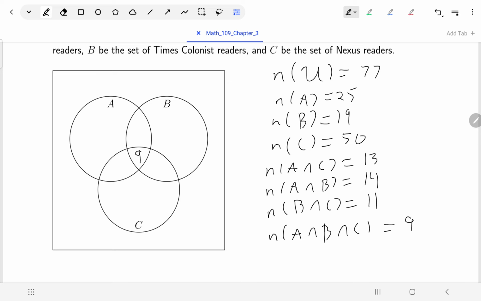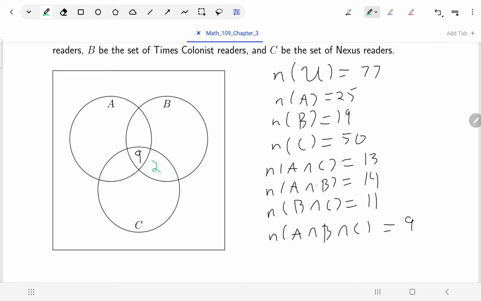When I say B intersect C, having 11 people in it, first, where is B intersect C? B intersect C would be this little oval shape that I've drawn here. So I need to have 11 people in that in total, and that is 2 regions. One of them's got 9 in it, so if I need 11 folks in total, then I need another 2 people to be in there. So now that adds up to 11 people in B intersect C.